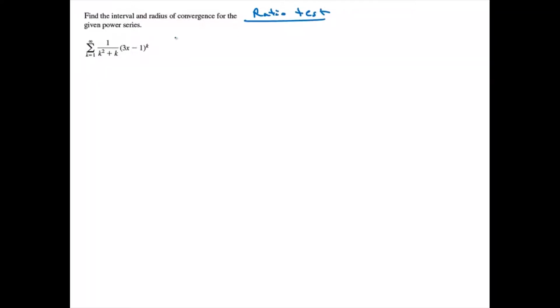We'll look at a limit as n goes to infinity of the absolute value of the ratio of, well, first we'll take this term in the series evaluated at n plus 1. So we'll have 3x minus 1 to the n plus 1, and then we'll divide that by n plus 1 squared plus the quantity n plus 1.